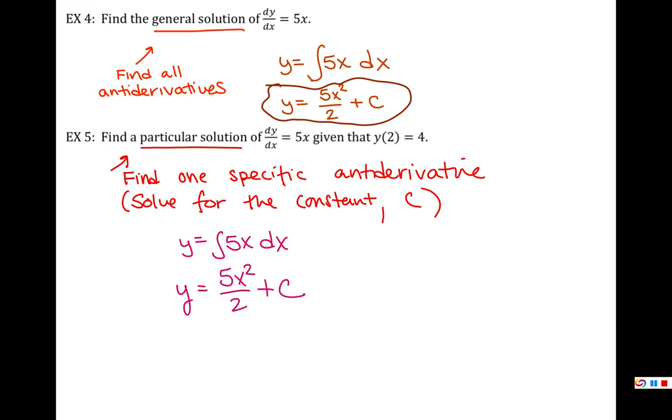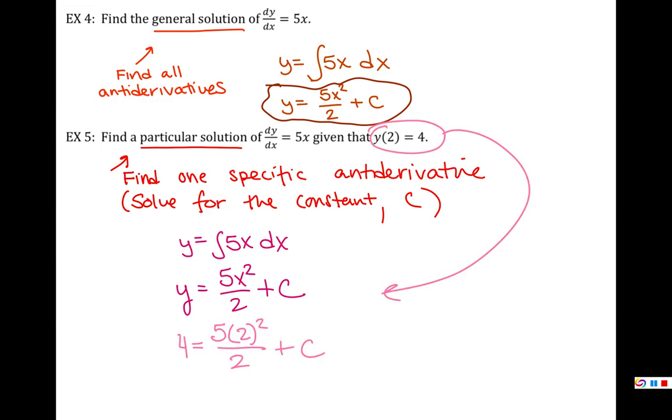Okay, so I started this problem the exact same way as the previous one. The antiderivative of 5x is 5x squared over 2 plus c. Now I'm going to use the fact that y of 2 equals 4 to find that constant.